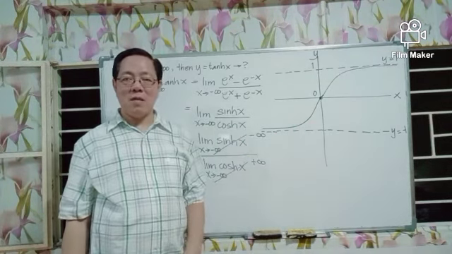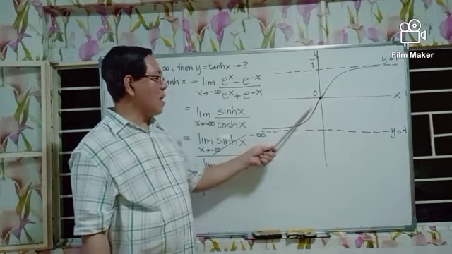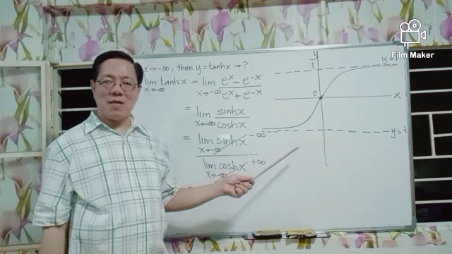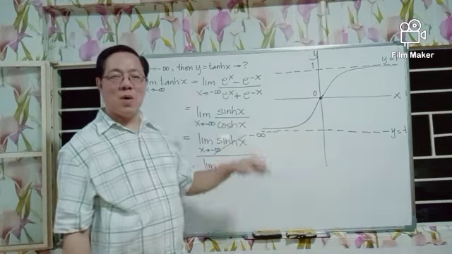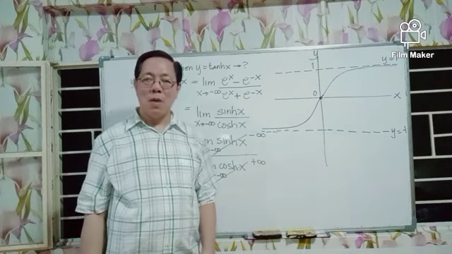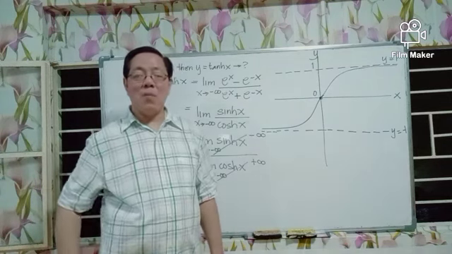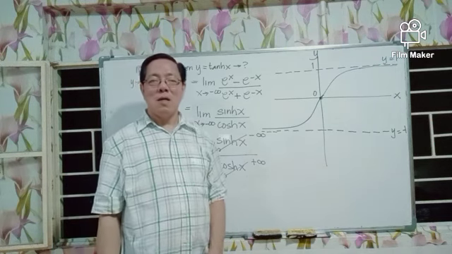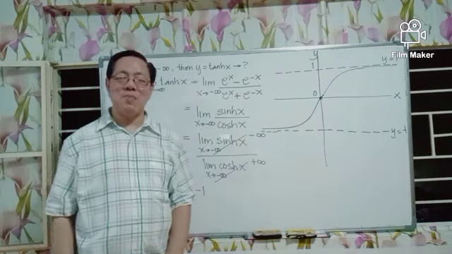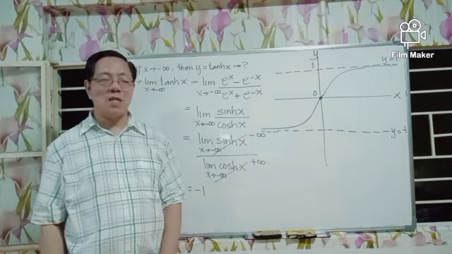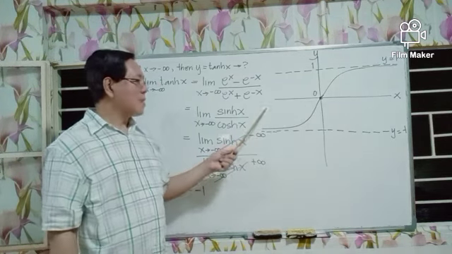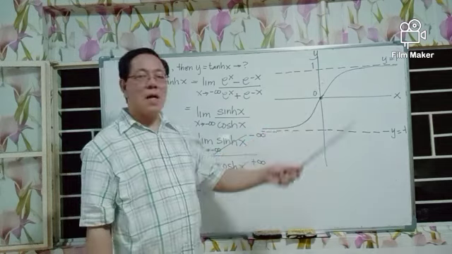Asymptote means that the graph of the hyperbolic tangent of x is approaching the line y equals negative 1, but will never intersect it, because this line is a horizontal asymptote, which means that y equals negative 1 is not a value of the hyperbolic tangent of x, but a limit of the hyperbolic tangent of x if x approaches negative infinity.